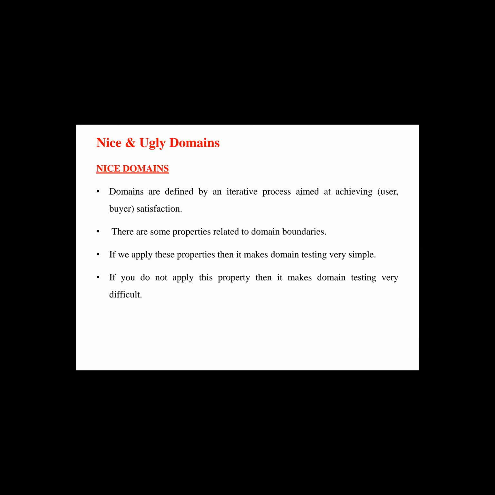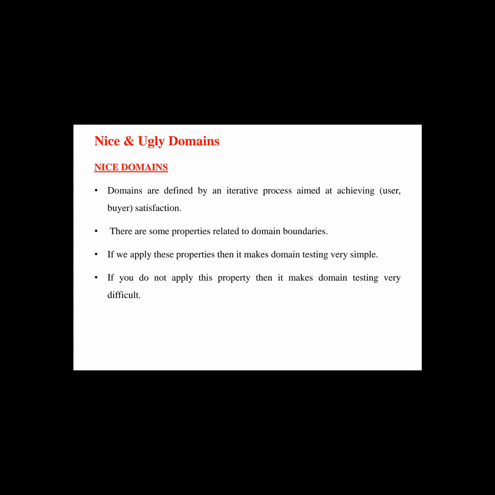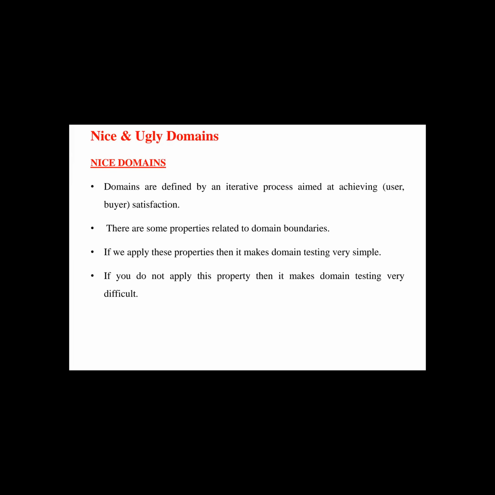First we will see what a nice domain is, then we will go for the ugly domain. So how can you tell that a domain is nice? If the domain satisfies some properties, it is called a nice domain, or the domain is defined by an iterative process aimed at achieving satisfaction.